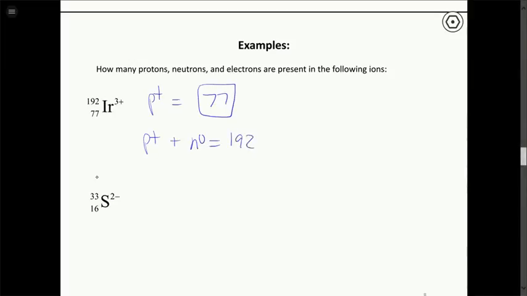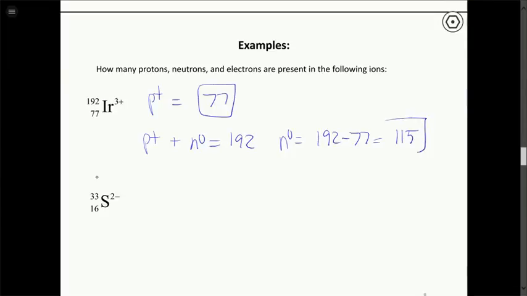And when you form ions, you don't appreciably change the mass because the mass of an electron is tiny. So if you're adding or subtracting a few electrons, you're not going to change the mass of the ion. So the mass number is still 192. It's just the sum of the protons plus the neutrons, no different. And so the number of neutrons is just 192 minus 77, which is 115.